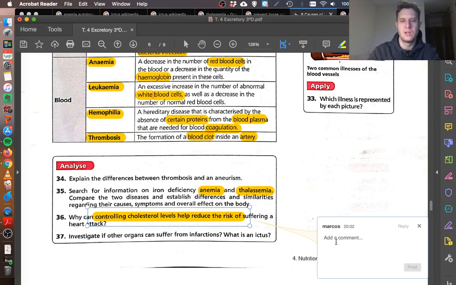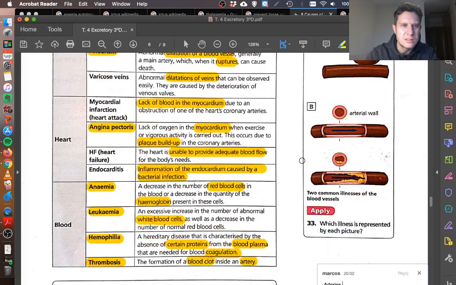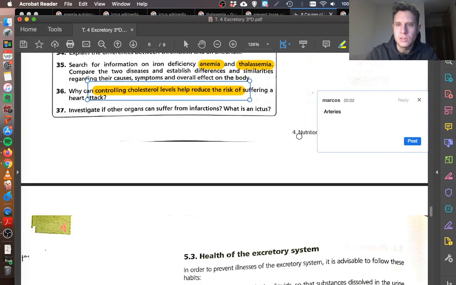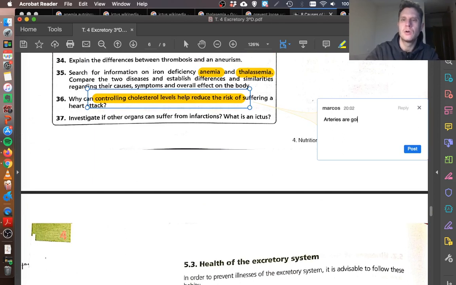Arteries. Arteries are going to be in perfect conditions if you are eating properly, fruits and vegetables.